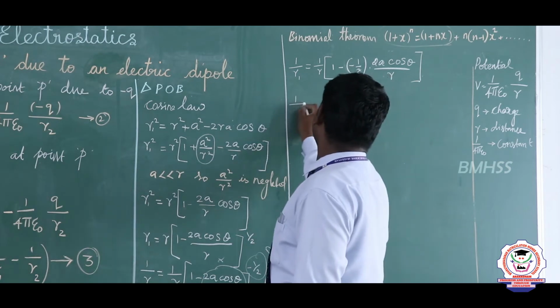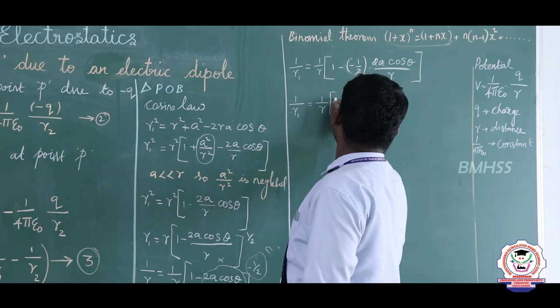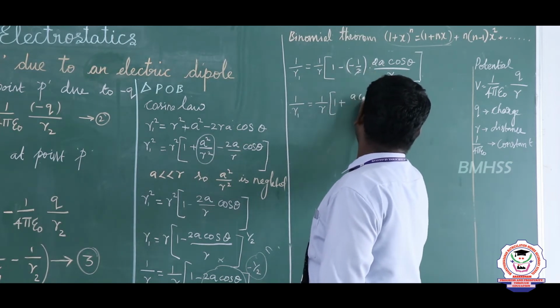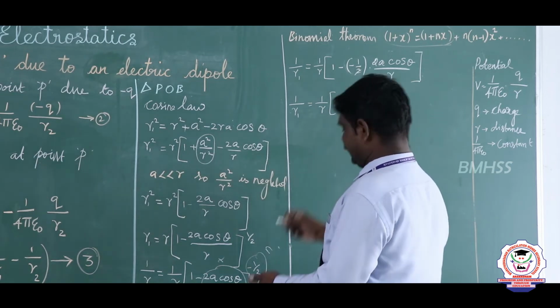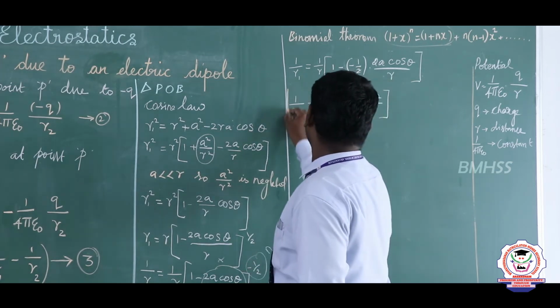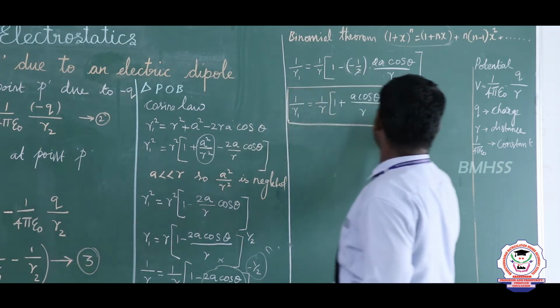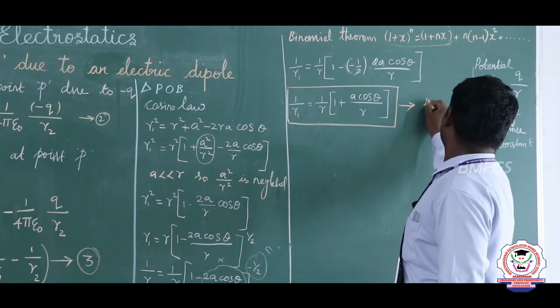So remaining, 1 by R1 is equal to 1 by R into 1 plus A cos theta by R. This is for the 1 by R1 equation. So this equation number I take as 4.